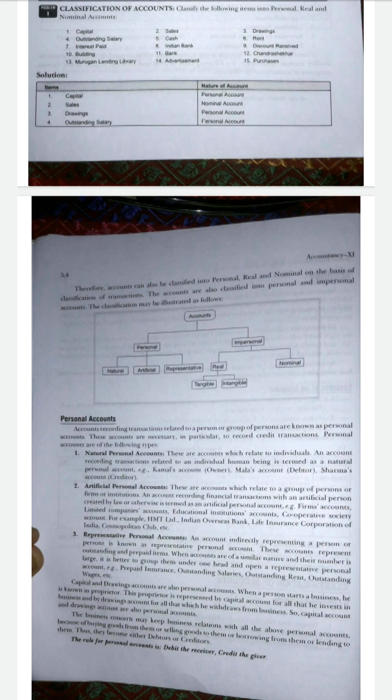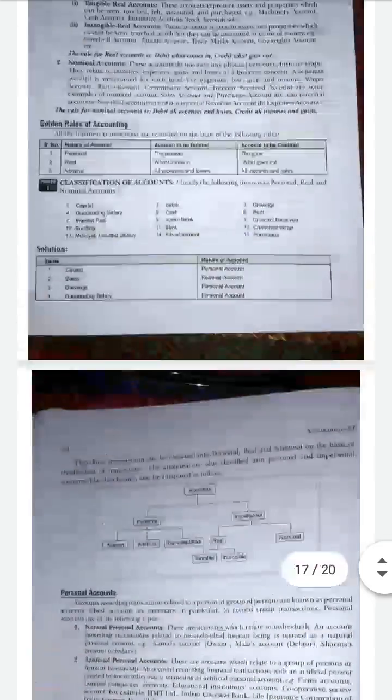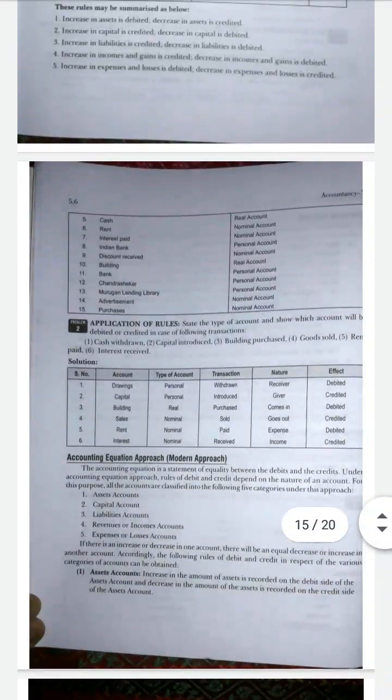For each person there is an account in the bank, no? So on behalf of the human persons they carry out the transactions, all the debits and credits. So it is called the artificial personal account.